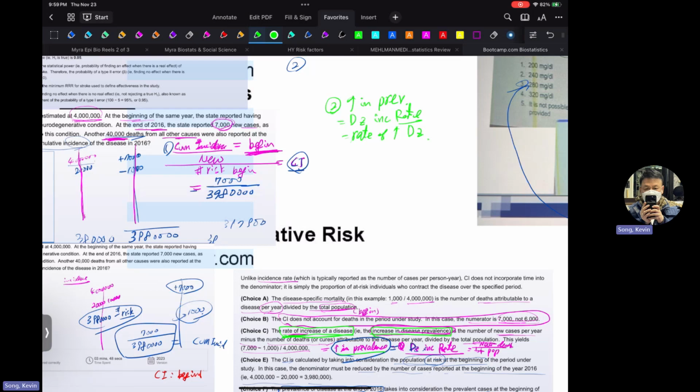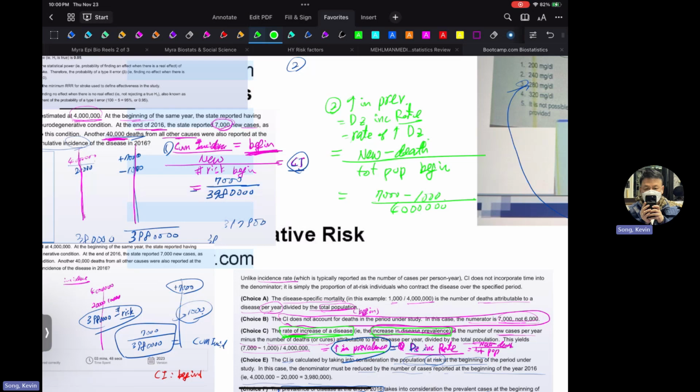By convention, this is basically the total population at the beginning over the new cases minus death. So in this case, we start with the total population, 4 million, and then the new cases 7,000, then minus deaths or cured.